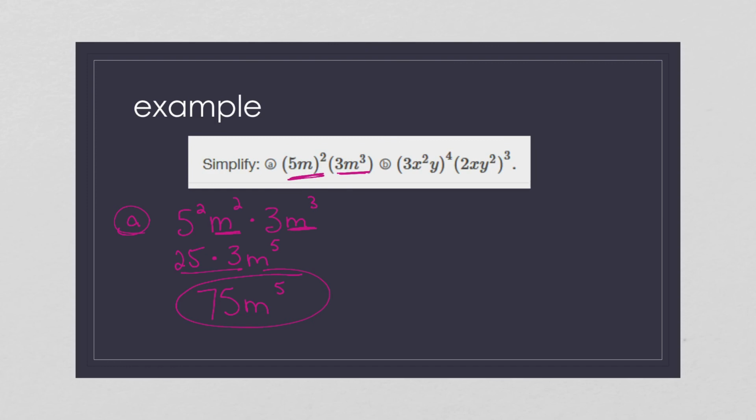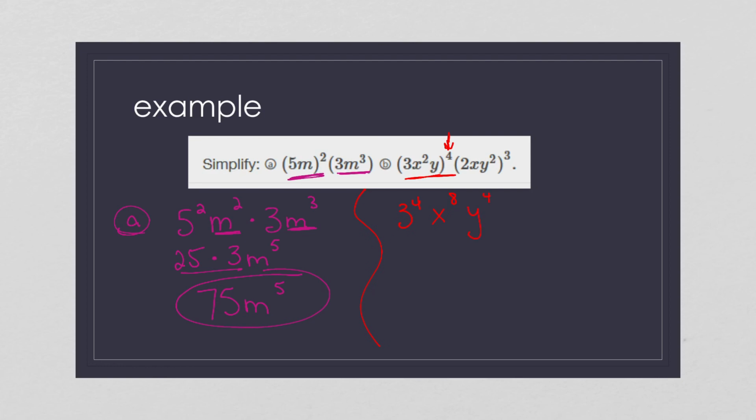All right, let's look at the next one. I'm raising each of these pieces inside the parenthesis to the 4th power, okay? So I've got 3 to the 4th, x squared to the 4th, which is x to the 8th, y to the 4th.